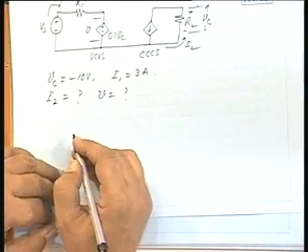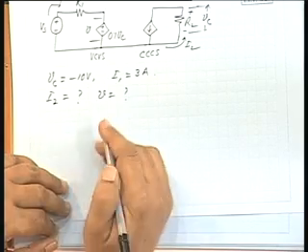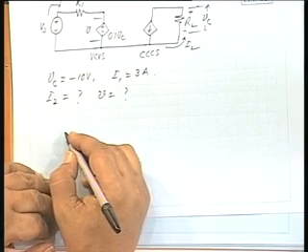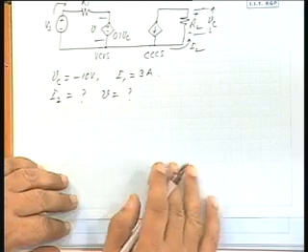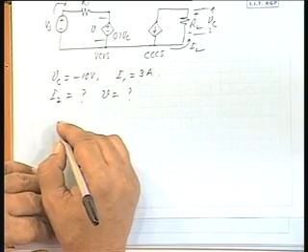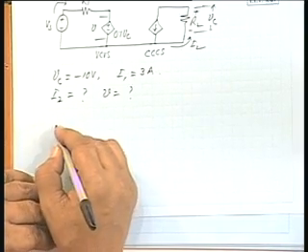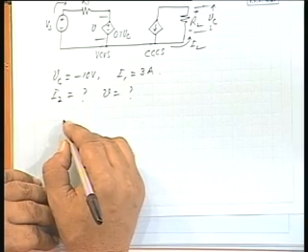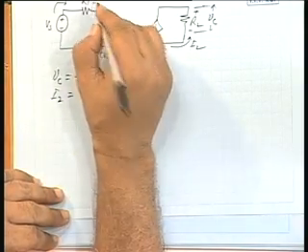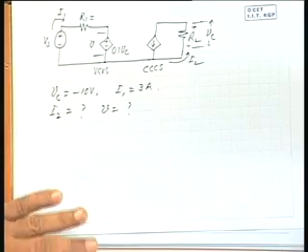Now, you can see this resistance value, 50 times I1. R1 is given as well. 50 times I1 is equal to I2.